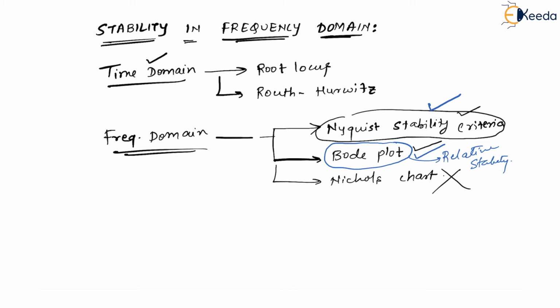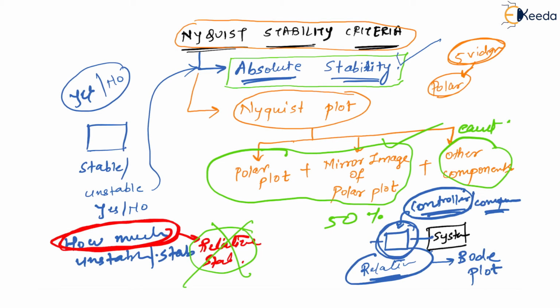Now in the immediate next sessions, we will see how to plot the Nyquist plot, because in the Nyquist stability criteria, the first thing you are supposed to know is how to draw a plot, right? Now here, in the first session I will tell you the traditional way, and in the second video I will tell you the shortcuts, and the shortcuts will be very easy, right?